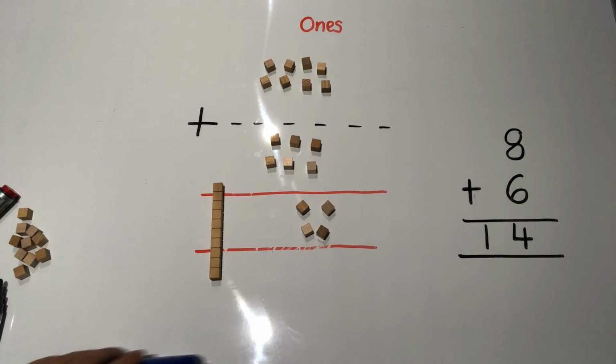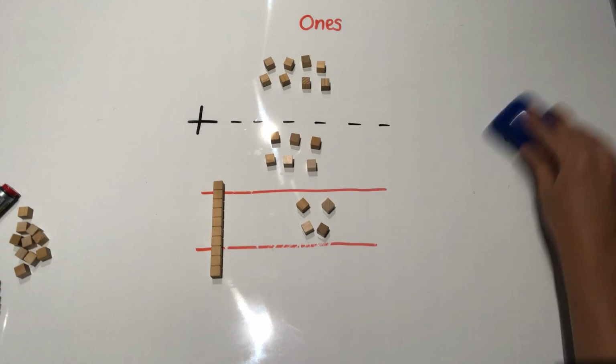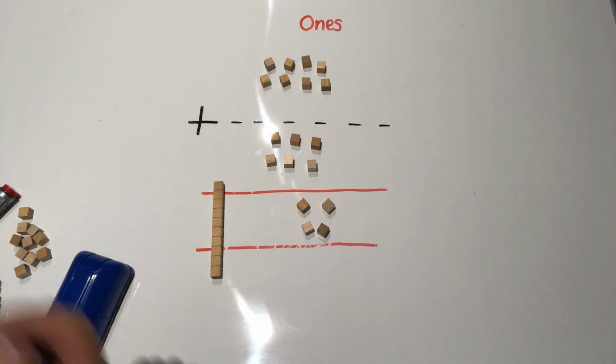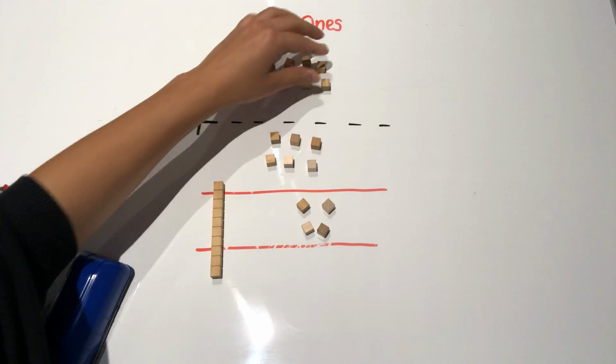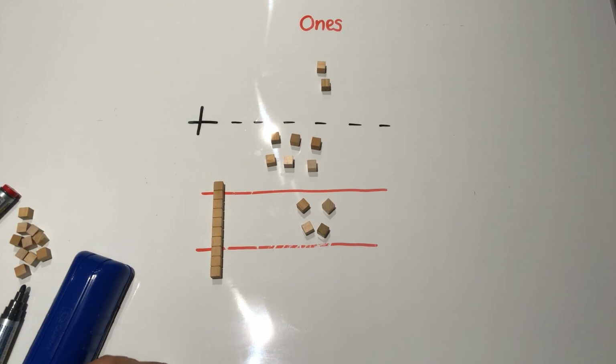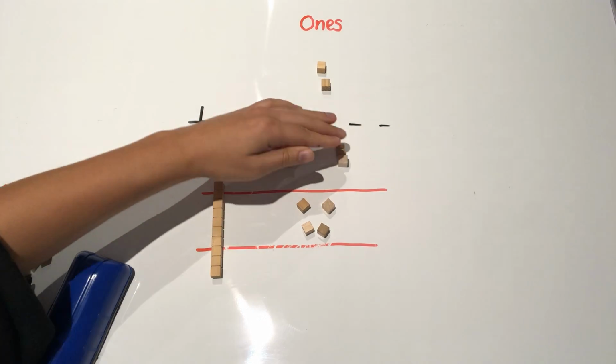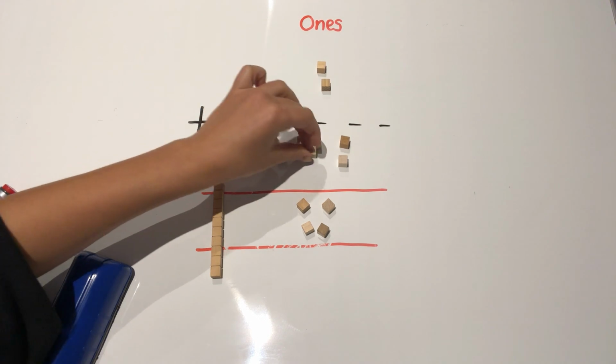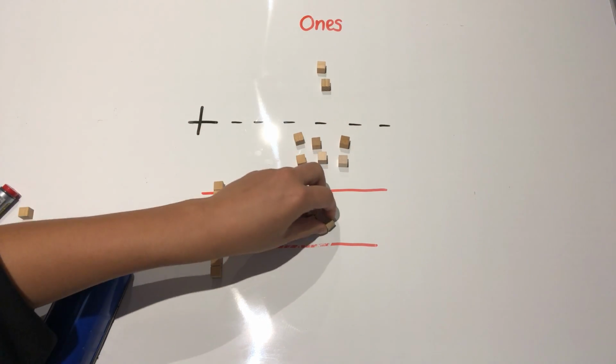The next one we're going to try with a 2-digit number. So we'll have a ones column, and we're going to have a tens column as well. So see if you can figure out what numbers we will have.